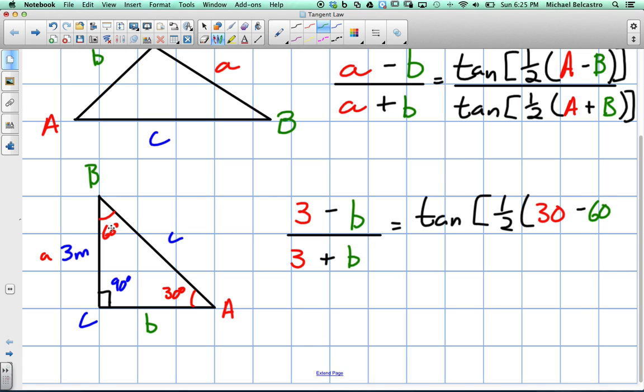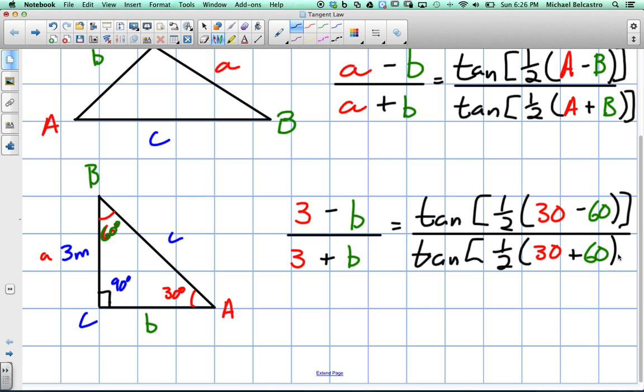There's our 60. And then that same information is written on the bottom just a little differently: tan of 1/2 multiplied by 30 plus 60.